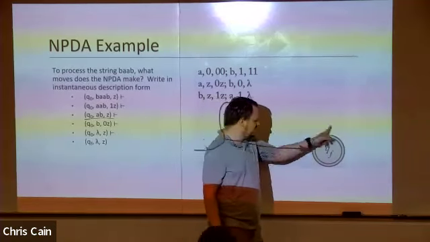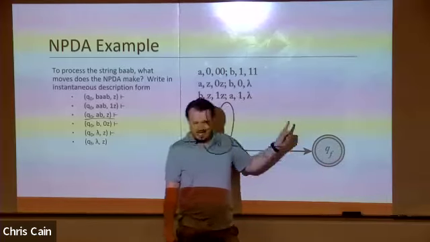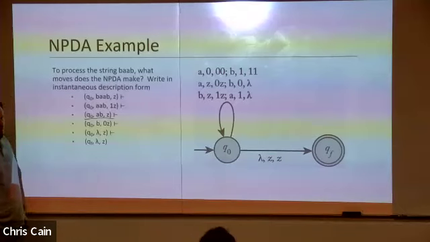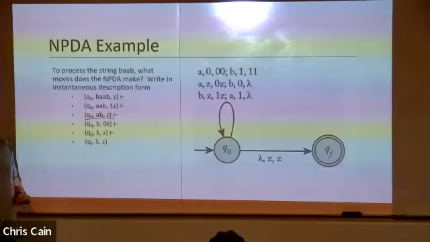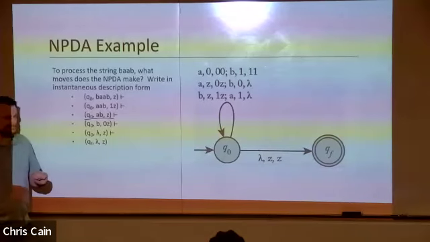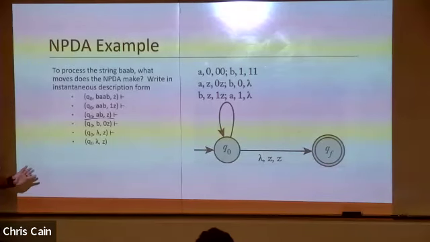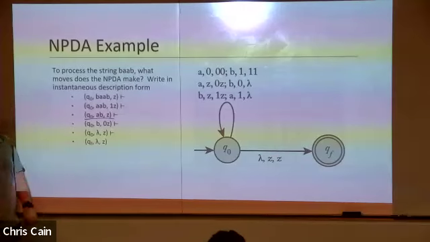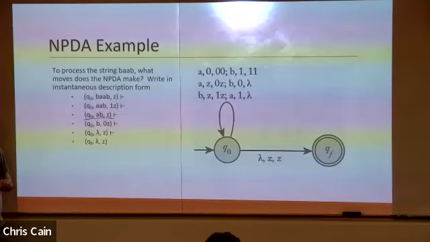Note that there's nothing we can do from QF to QF reading any input, and because there was input left in the string, that would have led to failure. What happens when we start in QF and read an A from the string? We cannot accept unless there's nothing left to be read. So even though we're teleporting to a final state, as soon as we try to read an A in that final state, we immediately reject because there is no such out edge from the final state.